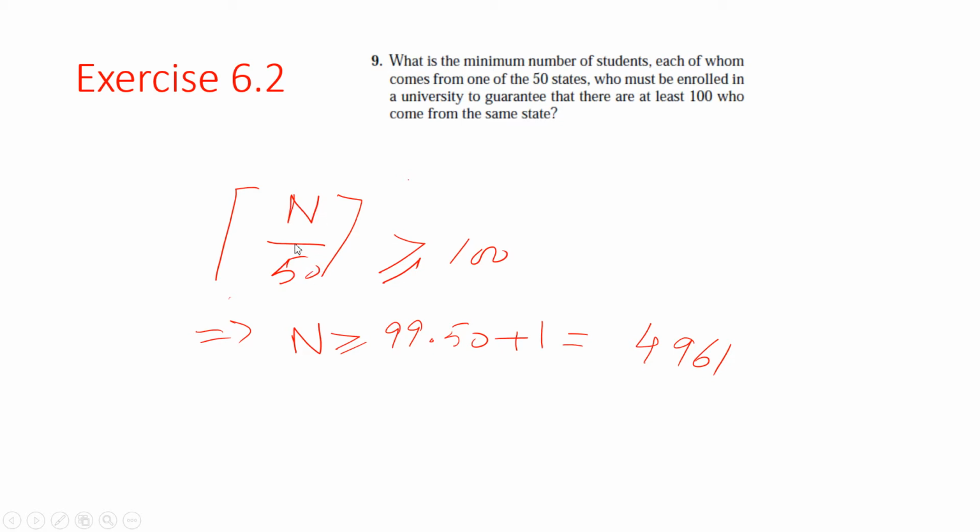So we just need the answer of this term, that is n over 50, to be greater than 99. The only possibility to make it greater than 99 is 99 multiplied by 50 plus 1. So this is the integer for which n over 50 is greater than or equal to 100.